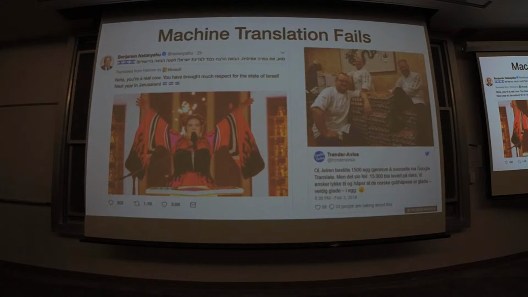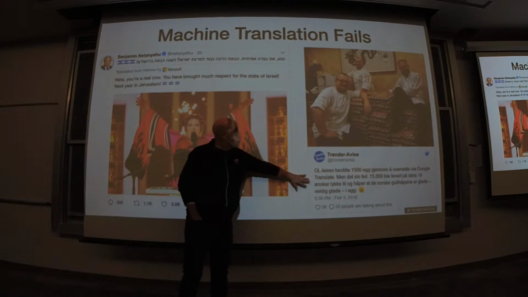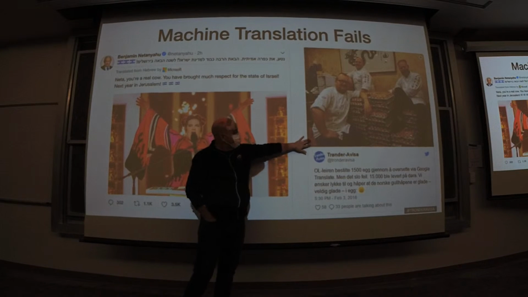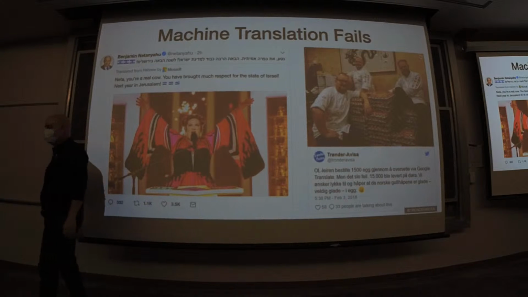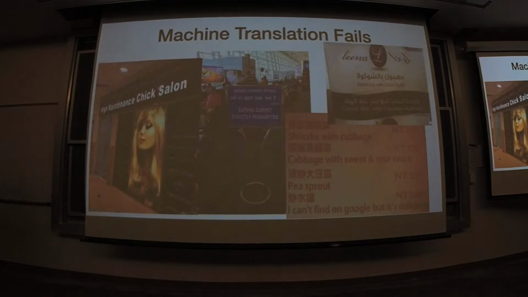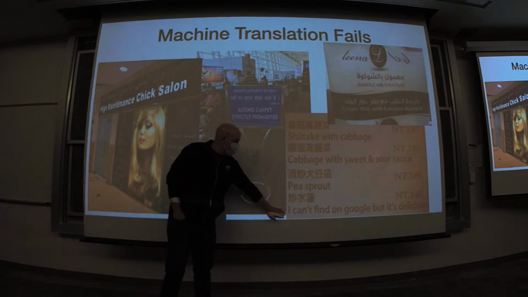I think it's supposed to be a term of endearment, but of course it comes out really horrible in English. Other ways this can go wrong, they got the numbers wrong. Instead of 1,500 eggs, they got 15,000 eggs in an order. Lots of things can go wrong. Cream milk with coconut humans is the best one right here. I can't find it on Google, but it's delicious.